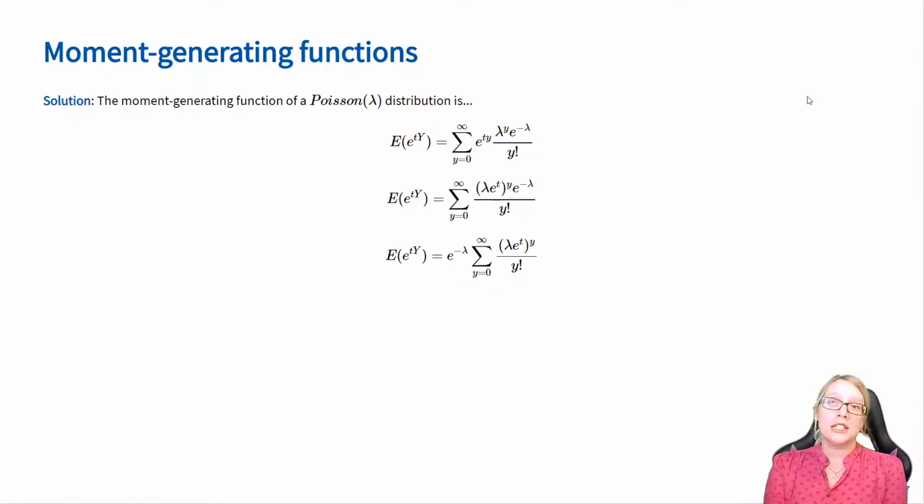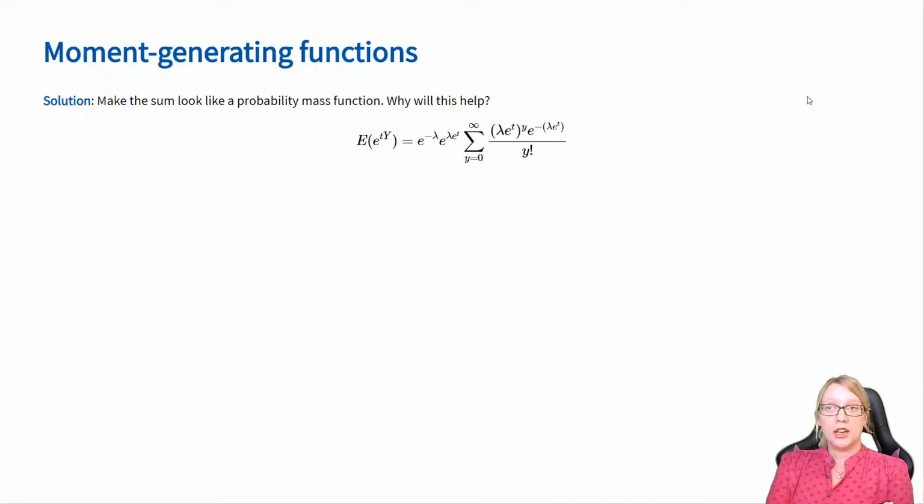In order to do this, I like to pull any terms that aren't going to be in the PMF that I'm looking for directly to the front. So here, that's why we have pulled this e to the negative lambda out of the summation, because it's not going to be in the PMF that we'll try to collapse down to 1.